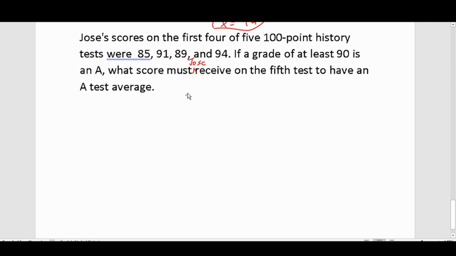So in this case, again, we're dealing with average equals the sum over the number of numbers. In this case, we're given the average that he must obtain to get an A, namely 90. So we know average is 90.